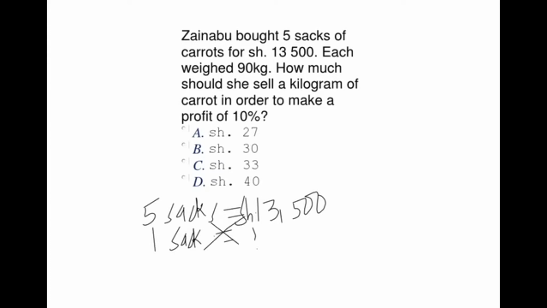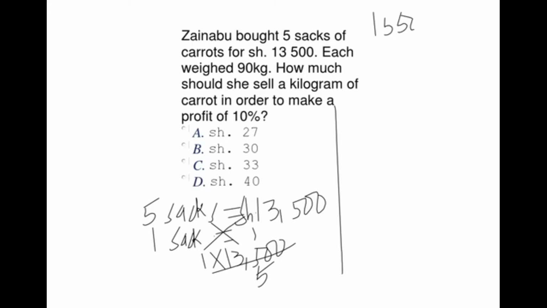We cross multiply, so we have 1 times 13,500 divided by 5. So 13,500 divided by 5.